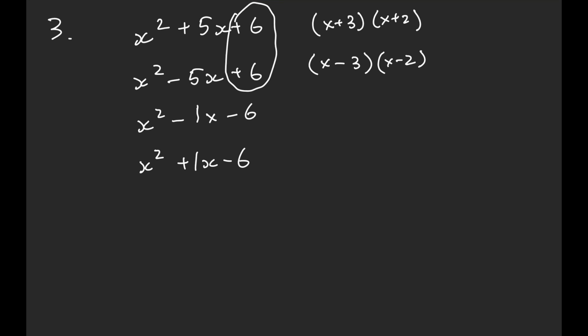This means that both of your constant terms in your factored polynomials, so in this case the 3 and the 2, are going to have the same sign. This is because if you have a negative 2, you have a negative 3, when they multiply, they make 6. And your last term is always going to be a multiple of your constants. So in this case, negative 3 times negative 2 equals 6. 3 times 2 equals 6.